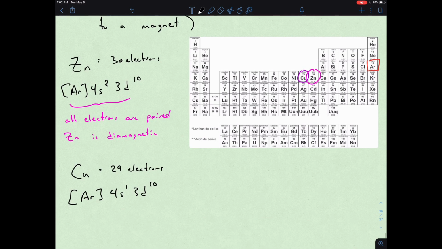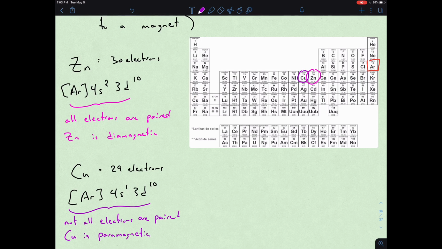This 4s1 3d10. And so here, now not all electrons are paired. Copper is paramagnetic.